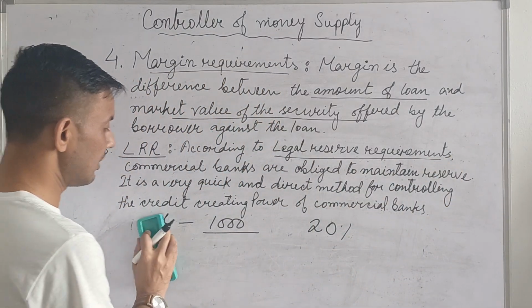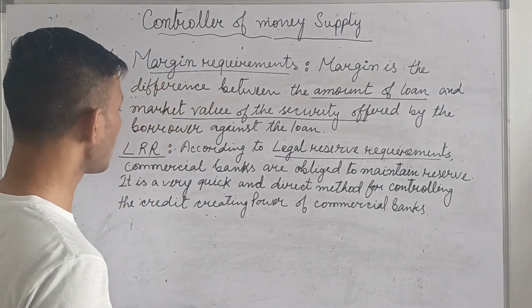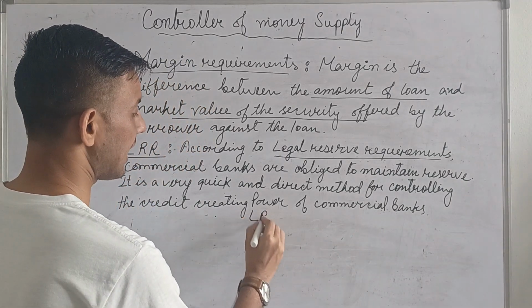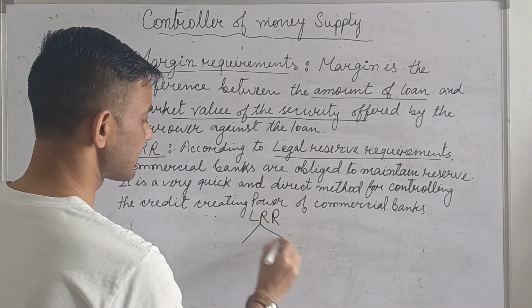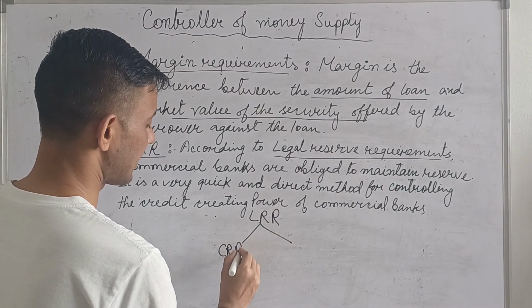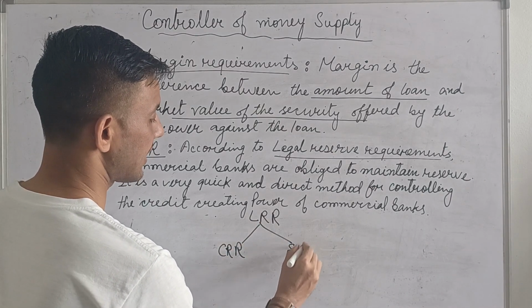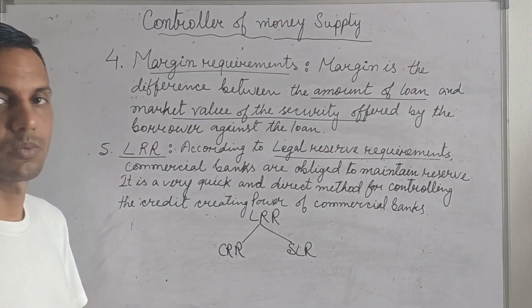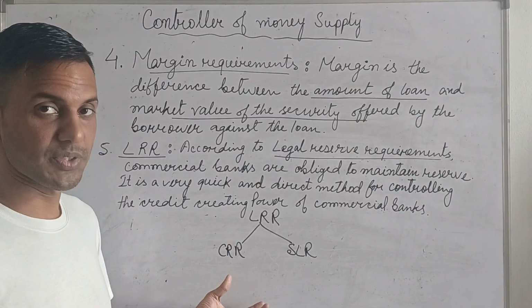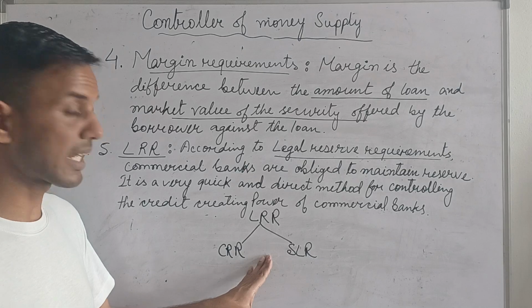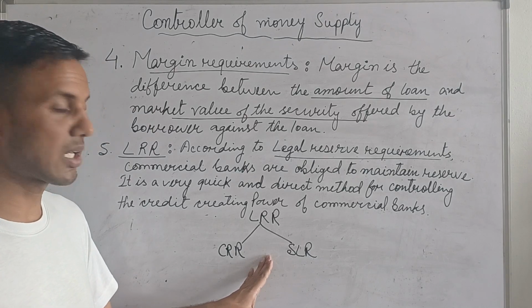Now there are two main components of LRR. One is CRR and one is SLR. We already discussed this in the money creation process, but again we are going to repeat it to clear the concept.